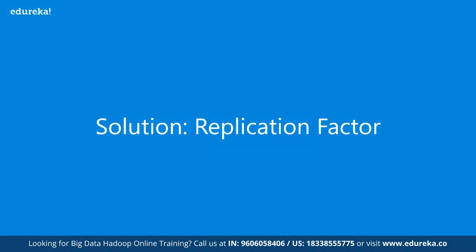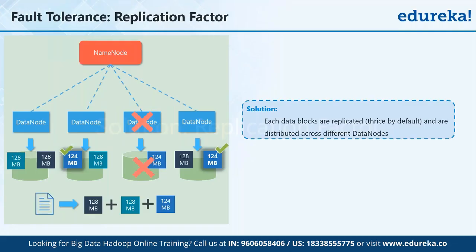To take care of this, Hadoop by default gives you a capability, which is the replication factor. What it means is that each one of the blocks that you have in the Hadoop system will get replicated by default. And by default, the replication factor in Hadoop 2.0 is 3. What does it mean?